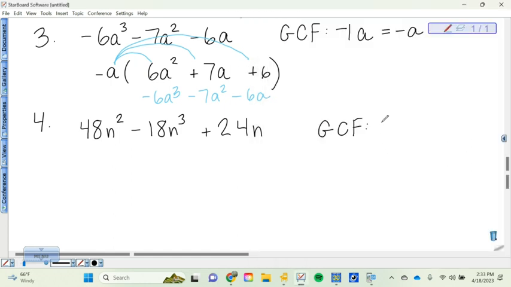What else could I take from all three of those terms? Yeah, an n. So my greatest common factor is 6n. So I stick 6n out in front. 6n times what gives me 48n squared? 6n times what gives me negative 18n cubed?